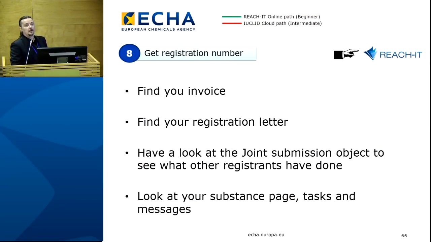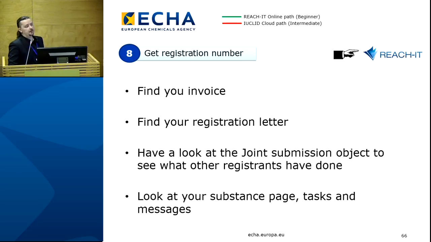So if you look at the tasks on the list, did you all see your invoice? Yes, for those who haven't seen their invoice, they could try to find it in the system. You could also, if you didn't already read your registration letter, search and find that. Have a look at the joint submission object. In the latest update of Reach IT, you can now see which annexes the other members are relying on in the joint submission.